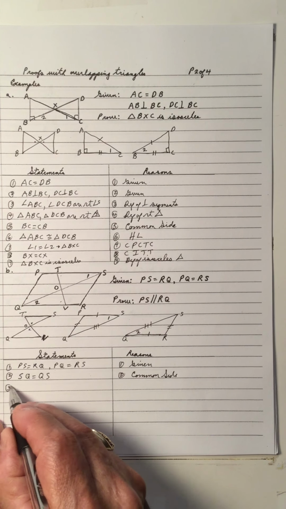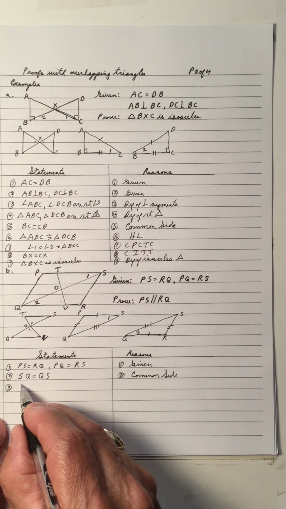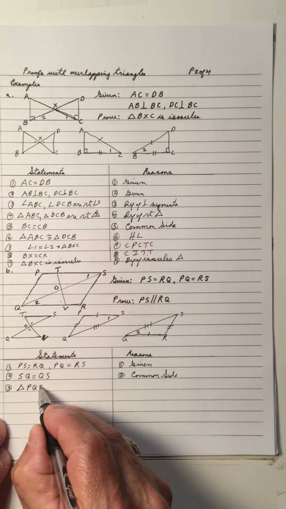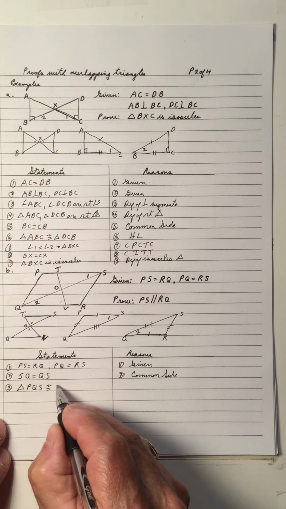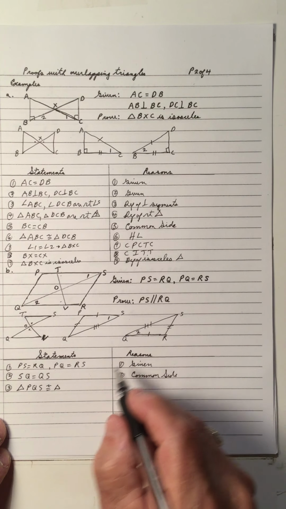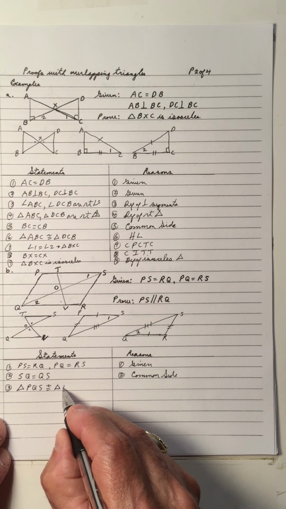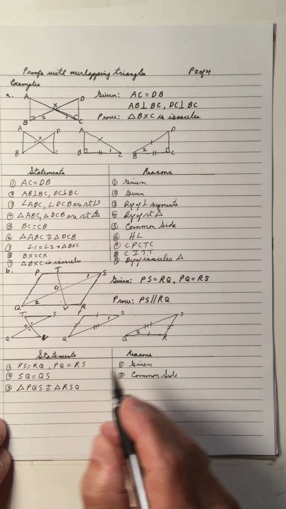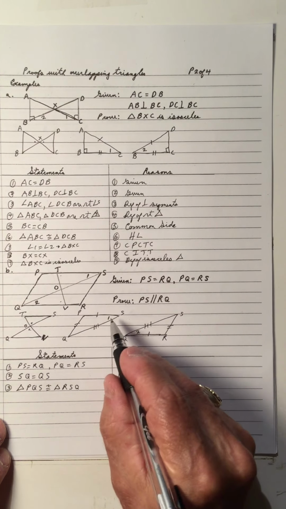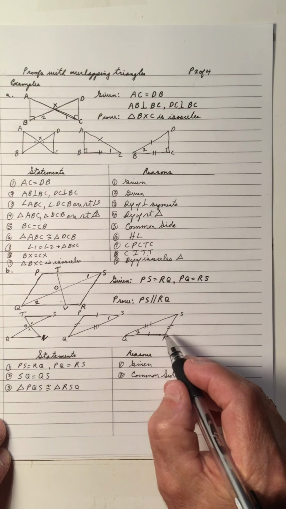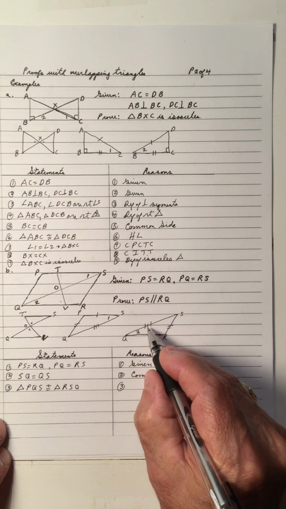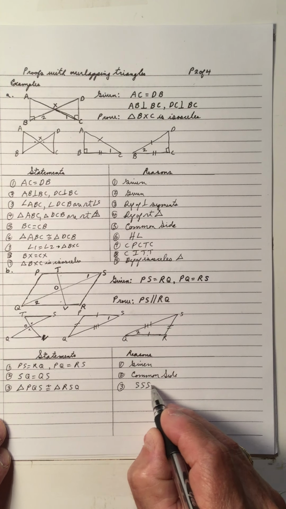And that means I have the triangles P, Q, S congruent to triangle R, S, Q. P, Q, S, R, S, Q. And the reason for that is side, side, side congruency.